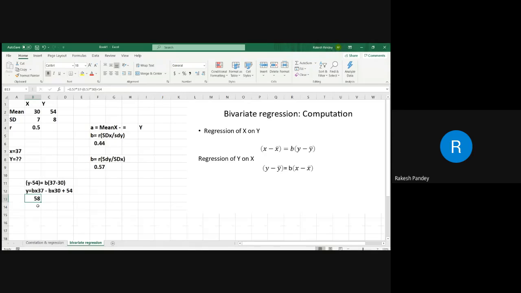So two questions will come. Either you will have to write the regression equation in raw score form, or you will have to make a prediction.